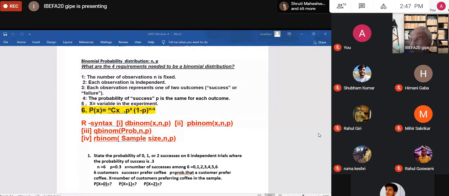The probability is nCx, p raised to x, (1 minus p) to the power n minus x. That is the mathematics. Without this probability function, you cannot generate different probabilities.